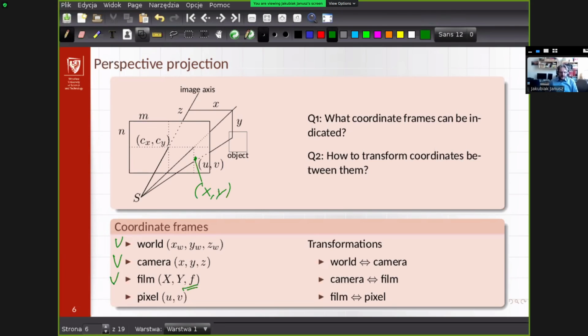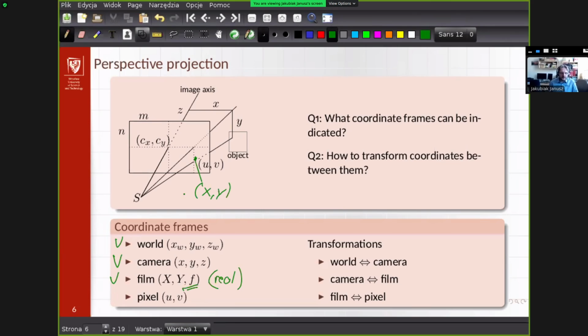Okay, so that's the film, and the important part is that it is a real number, having also a fractional part.